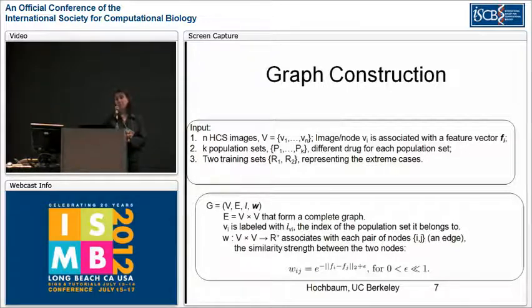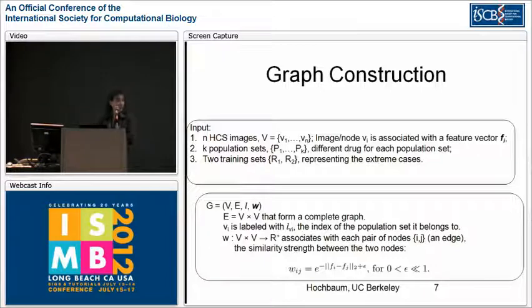Basically, in terms of the set of edges, we are looking at a complete graph. That is, for every two nodes, we have some statement on the similarity between them. Each node has a label that corresponds to the population set, which will be either a drug or the control set.